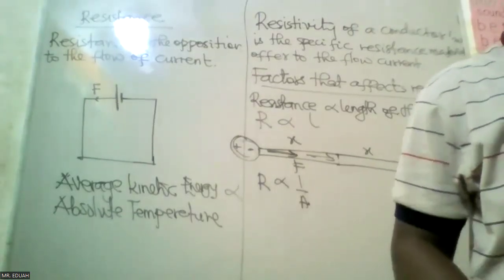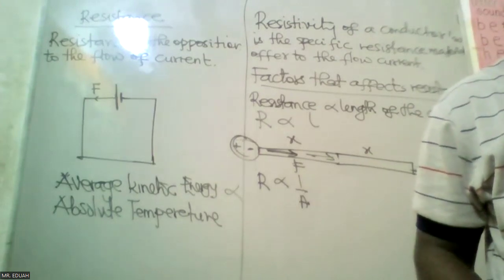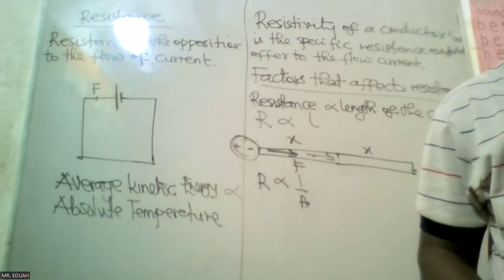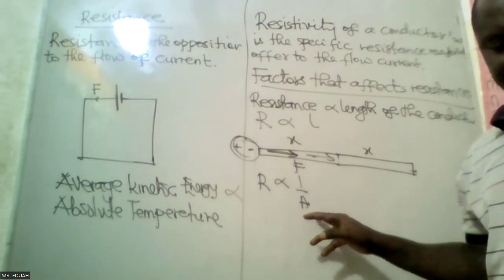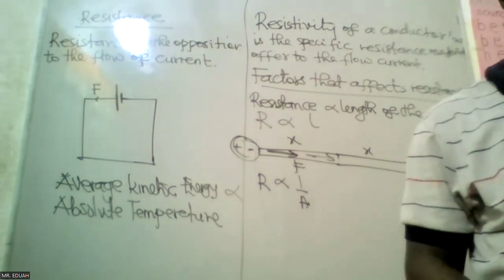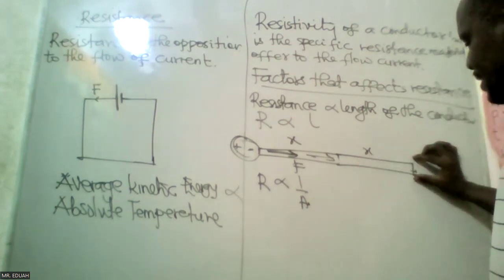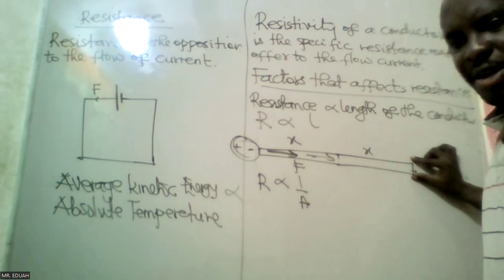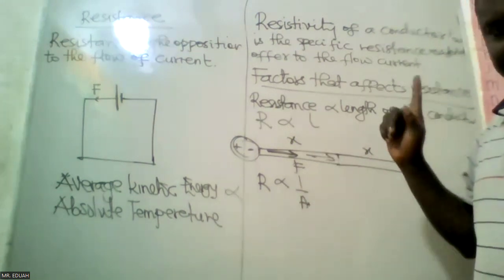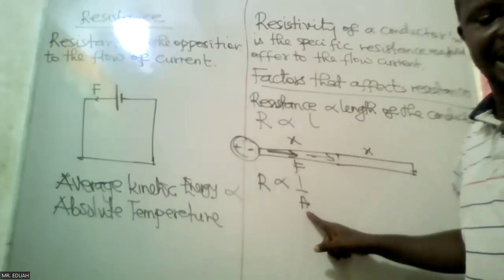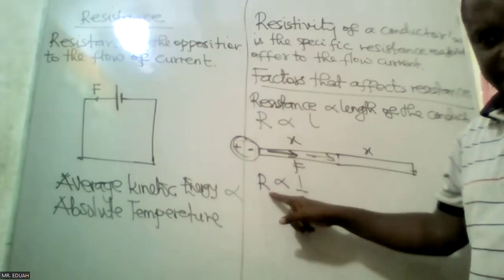Resistance is also inversely proportional to the cross-sectional area of the conductor, meaning an increase in the cross-sectional area would cause a decrease in the resistance. A decrease in the cross-sectional area would also cause an increase in the resistance.